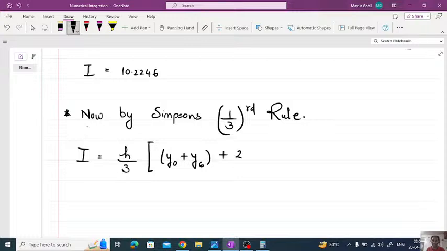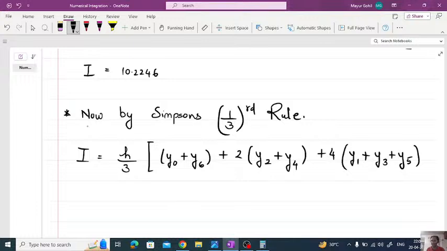So 2 times the even ones will be y2 and y4, and then there is 4 times the odd ones. So 4 times the odd ones, meaning y1 plus y3 and y5. So that is what we have to do now.